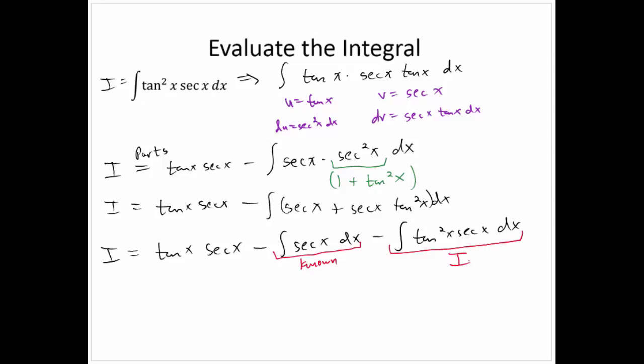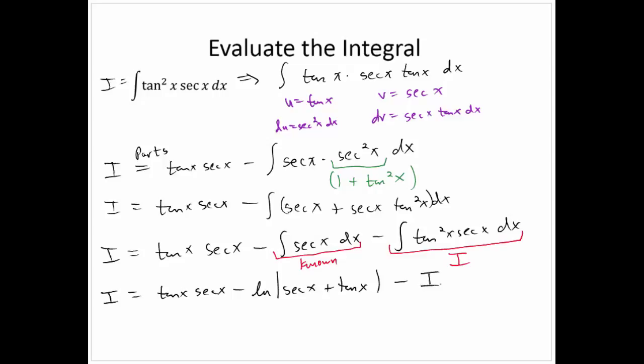So let me rewrite this. The integral is then tangent x secant x. Now, a known formula, the integral of secant x, and I just mentioned this towards the beginning of this section, is the natural log of the absolute value of secant x plus tangent x, minus the integral.